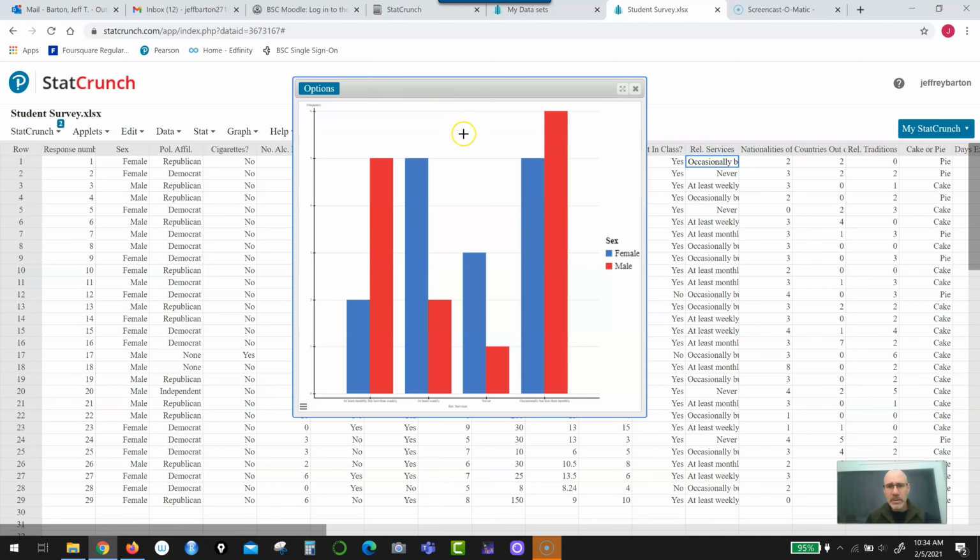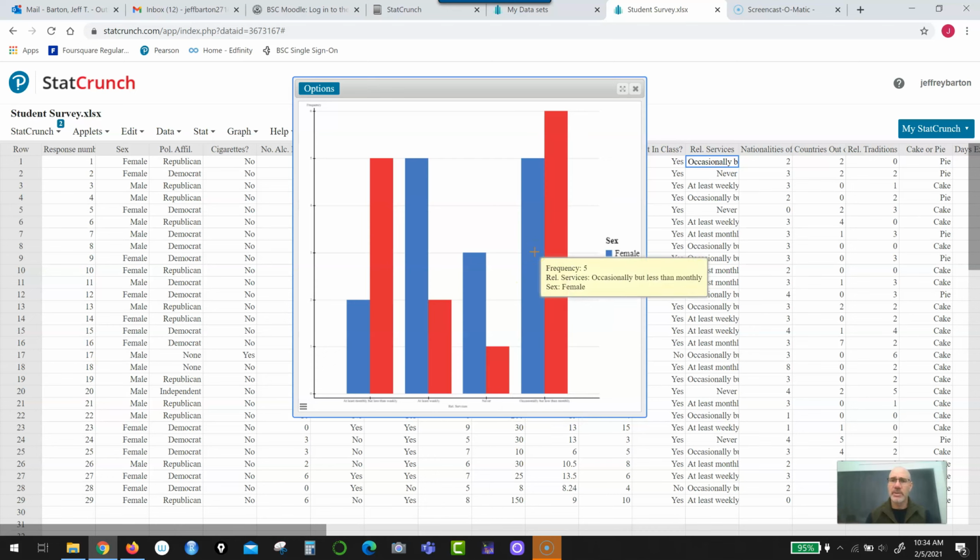And it looks like, for the never attending, 1 male said as much, and 3 females did. So, again, a small sample, but some indication that females at BSc are more likely to not attend services than males.